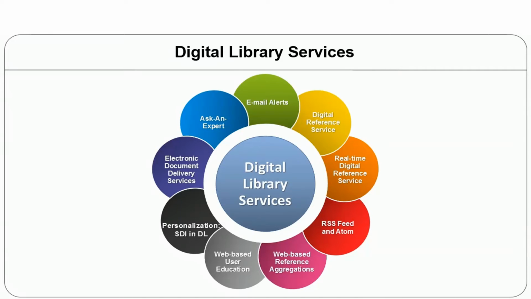Then the latest technology, if you are looking, RSS feed and Atom. This RSS feed and Atom are the technological names used for dissemination of information. RSS stands for Really Simple Syndication. I will come to this RSS feed later.